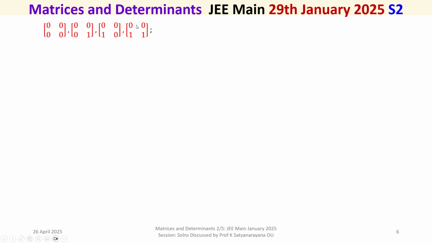These are 4, and their determinants, now when I write in red, the determinant is 0. All the determinants are 0. Second row, here the first row is 0, 1. All of them, we have written 4 of them. And the blue ones will tell you the determinant is minus 1.